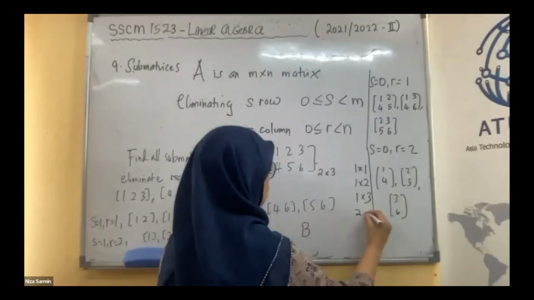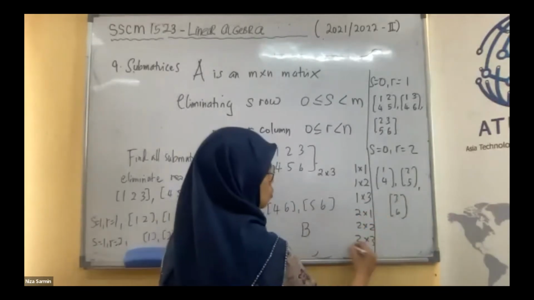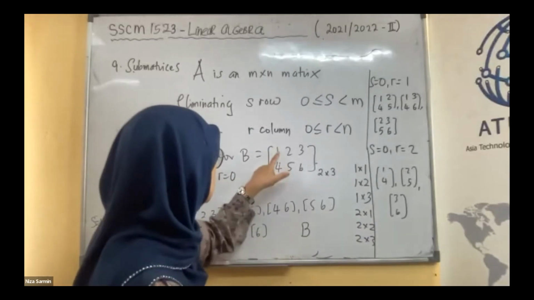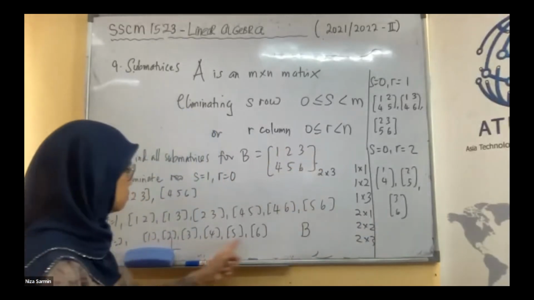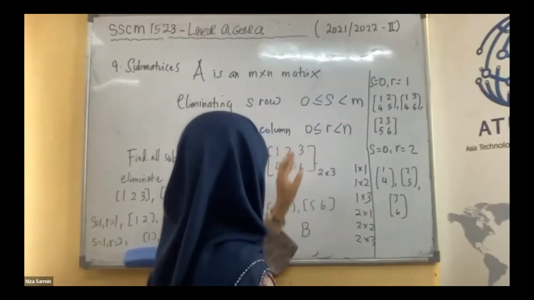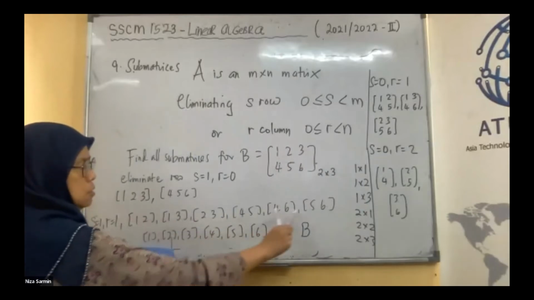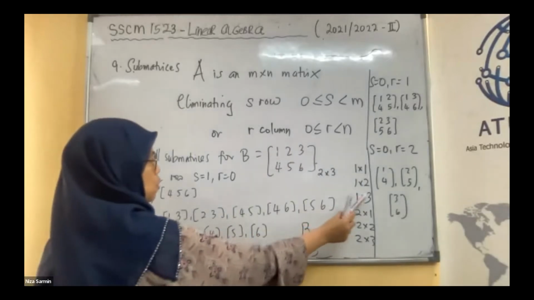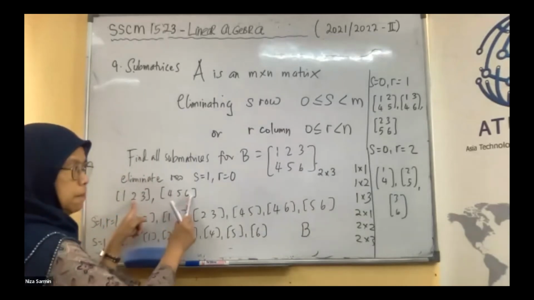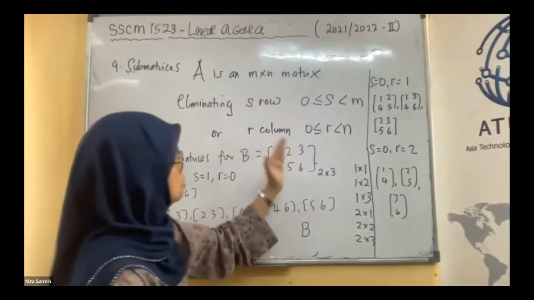And then it starts with 2 by 1, 2 by 2, 2 by 3 is the whole one. And then what is the 1 by 1? You just take 1, 2, 3, 4, 5, 6. What is 1 by 2? Right? This is 1 by 2. What is 1 by 3? So this is 1 by 3. What's 2 by 1?